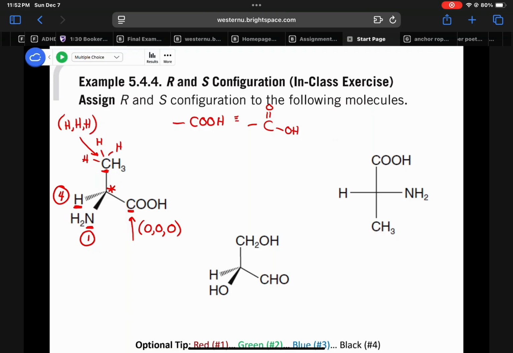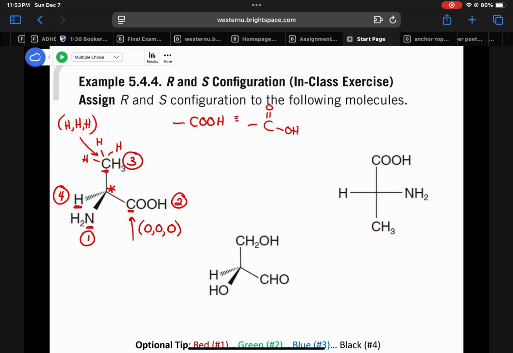So then I can compare my groups, OOO to HHH. O has the higher atomic number. Therefore, the COOH has higher priority than the CH3 group. I'm deciding for places 2 and 3. COOH is place 2. The methyl is priority number 3.